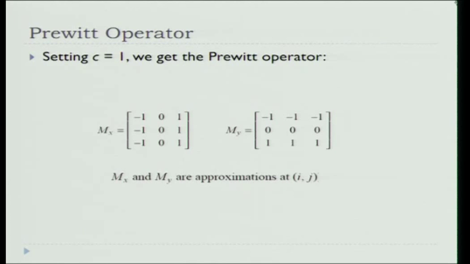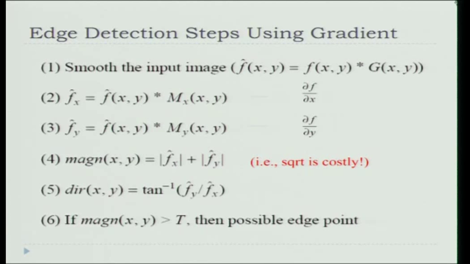So, if I put C equal to 1, you get one edge detector, which is known as the Prewitt operator, and if I put C equal to 2, then you get the Sobel operator. So, come to that original algorithm I mentioned, on how to detect the edge. First, you use some filter to smoothen it.